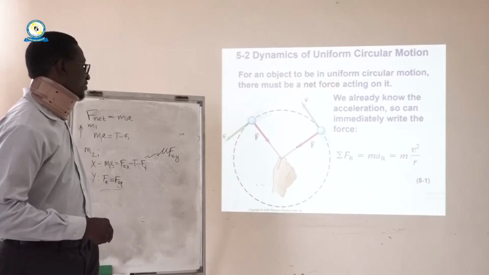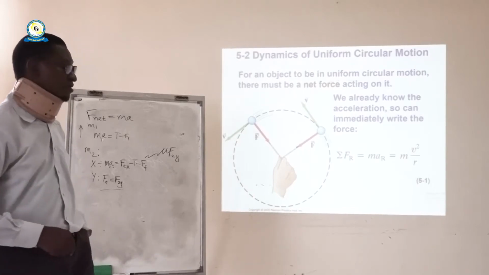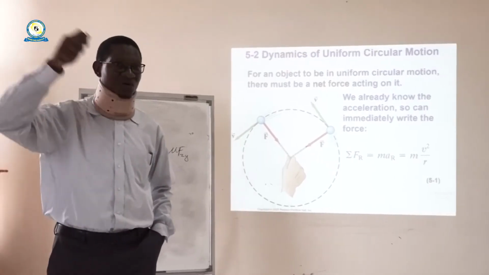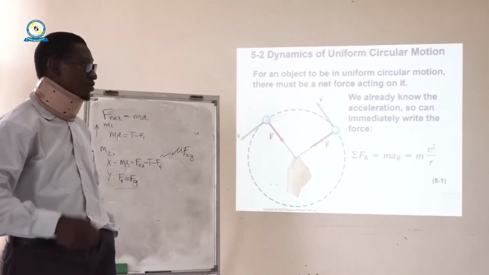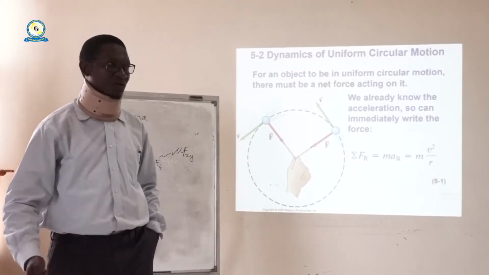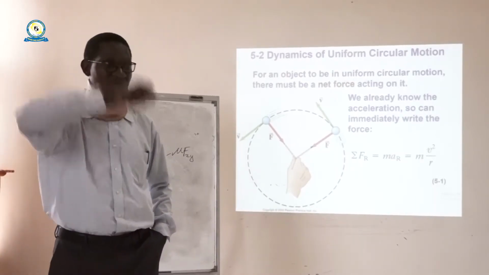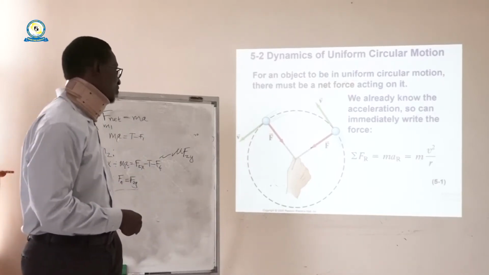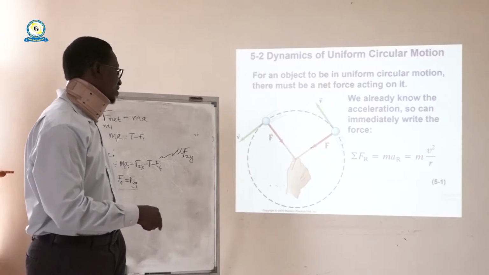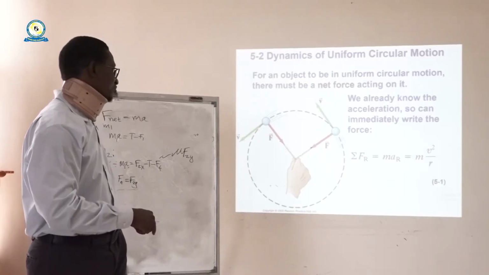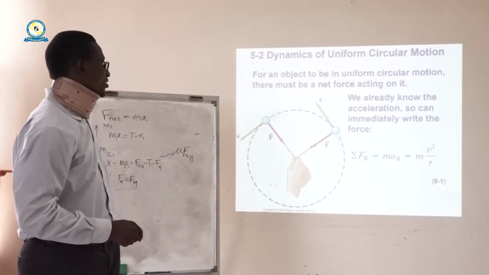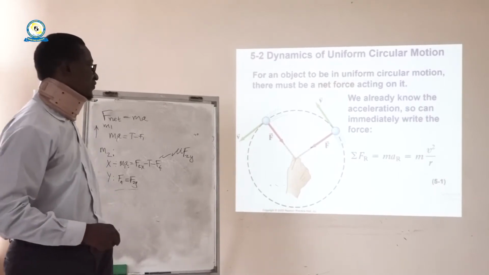When you whirl a bucket around a circle, or you tie a ball to a rope and make a circle like this, you feel like you're pulling between you and the ball. This is the force here.